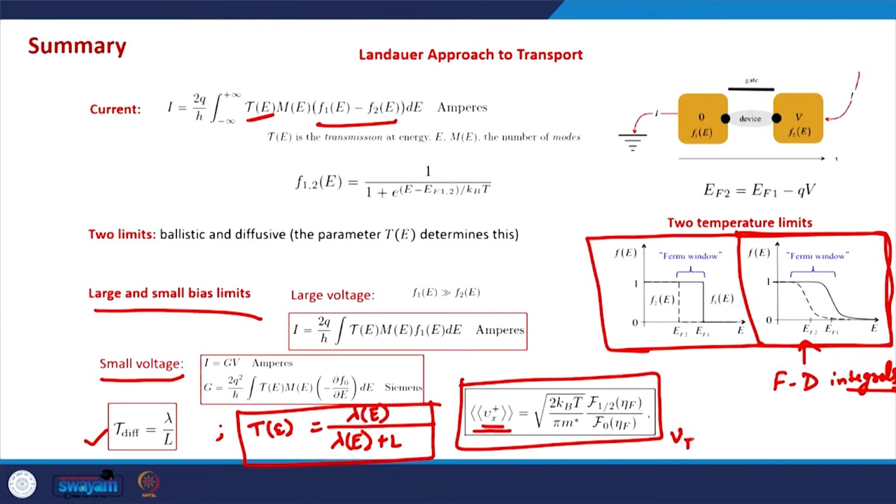And the unidirectional thermal velocity is generally defined in the case when we consider a non-degenerate semiconductor, and this is the expression of the unidirectional thermal velocity, because the Fermi-Dirac integral in the numerator and in the denominator will cancel out each other when we are considering a non-degenerate semiconductor.